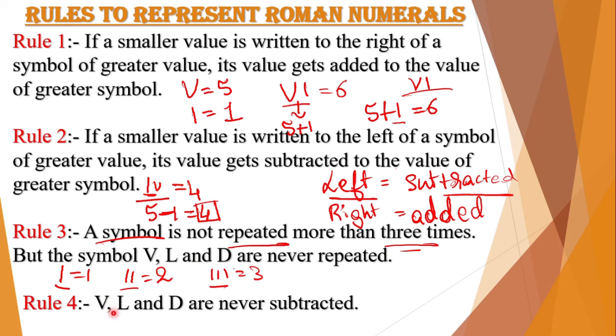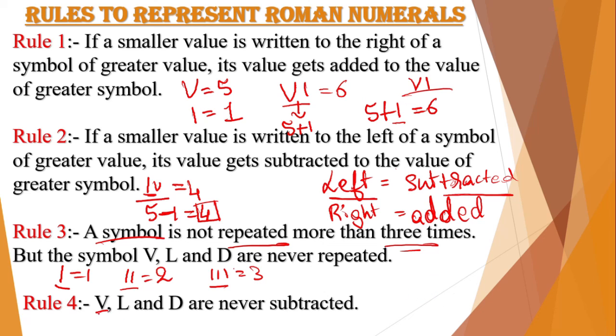So the fourth rule is V, L and D are never subtracted. Now we saw that I was subtracted from V, right? I is getting subtracted and it is also getting subtracted from X. But if we talk about V, V cannot be subtracted from I. Now if we write like this, it means I is getting added to V. But it doesn't mean that V is getting subtracted from I, right?